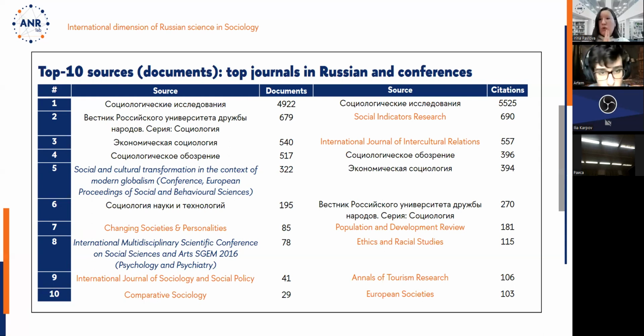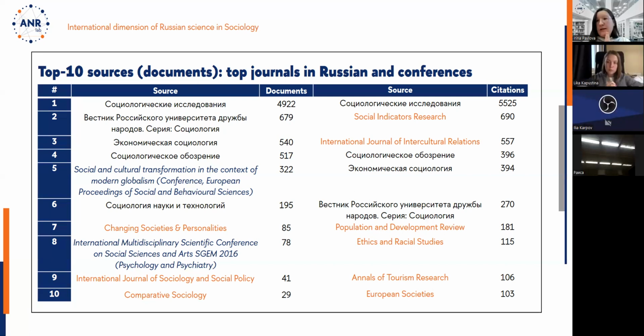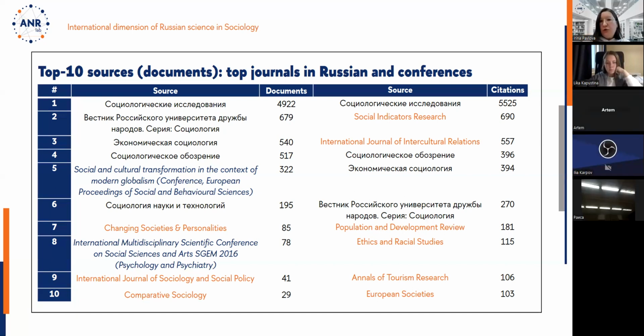Here we see 85% of publications in Russian, and on this slide I highlighted in orange those journals in the top list of sources, for documents and for citations, which are in English.